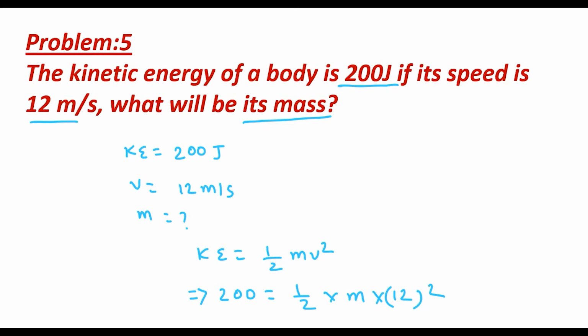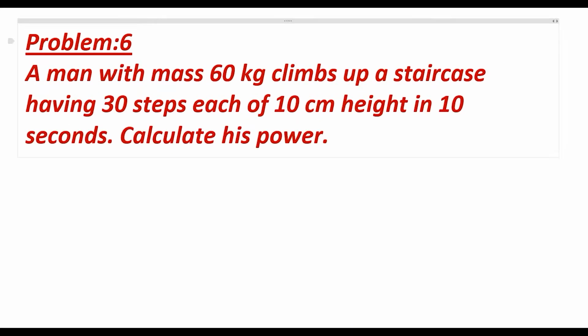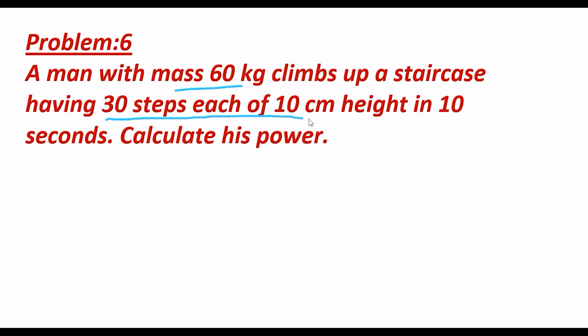Let us look at the next problem, problem number 6. In this problem, a man with mass, here mass is given, climbing up a staircase having 30 steps, each 10 centimeter height in 10 seconds. Calculate his power.